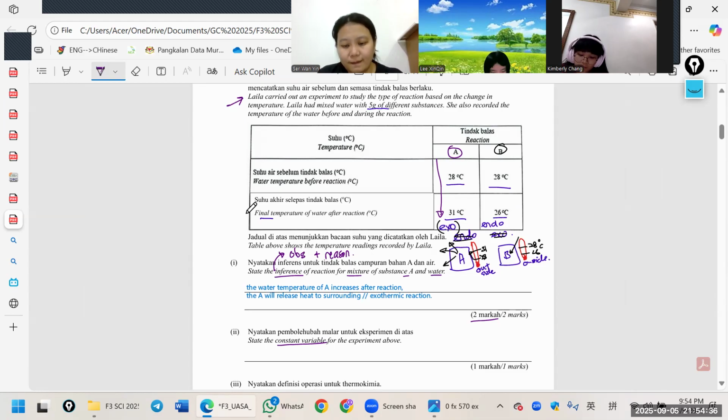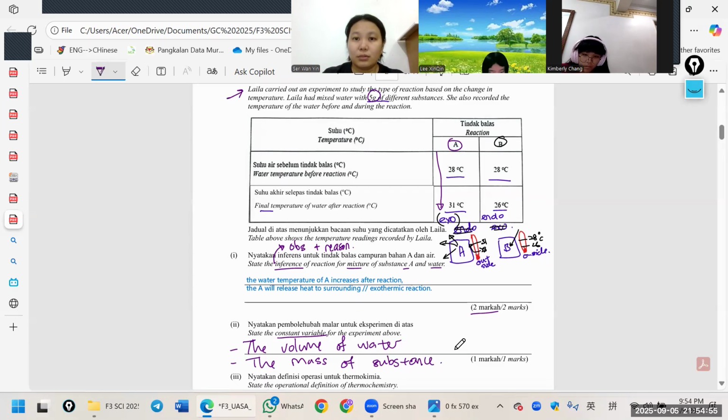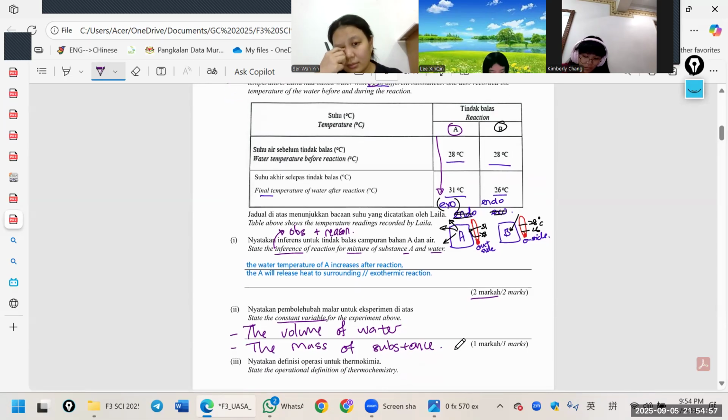The volume of water, and the mass in grams of substance. Remember, a variable must start with a noun.